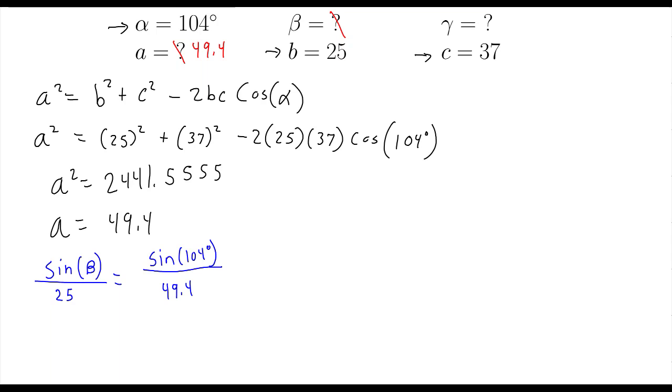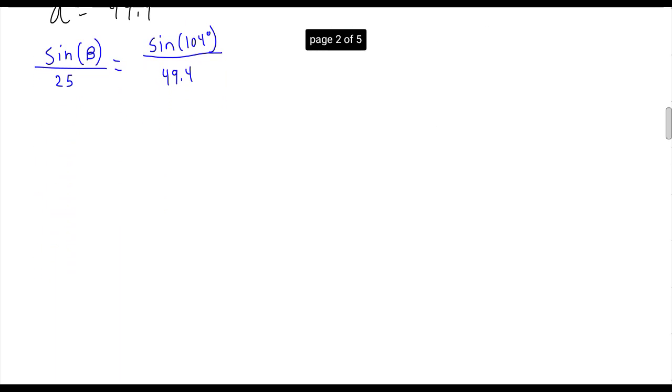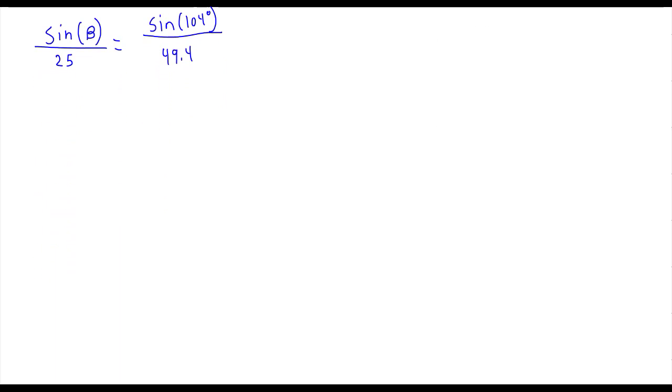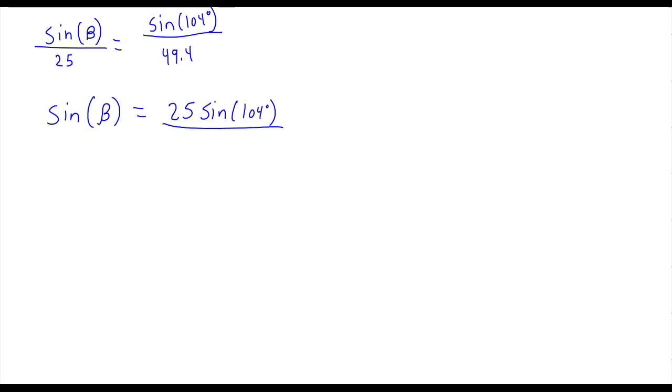You may want to include a few extra decimals just to make sure your answer is accurate. Okay, so multiply both sides by 25, so sine of beta is equal to 25 sine of 104 degrees over 49.4.